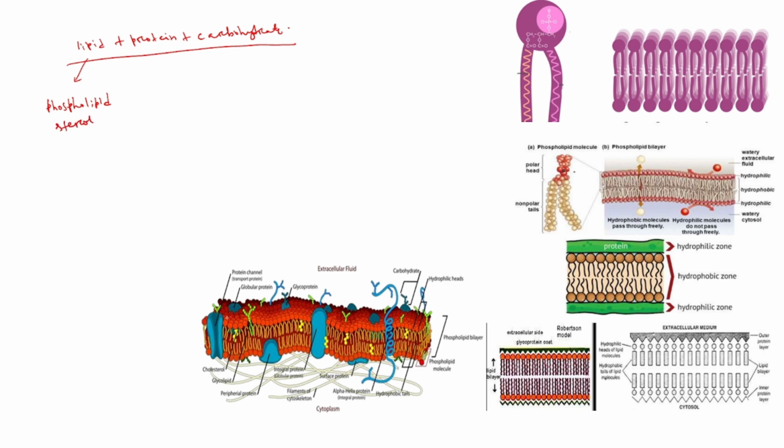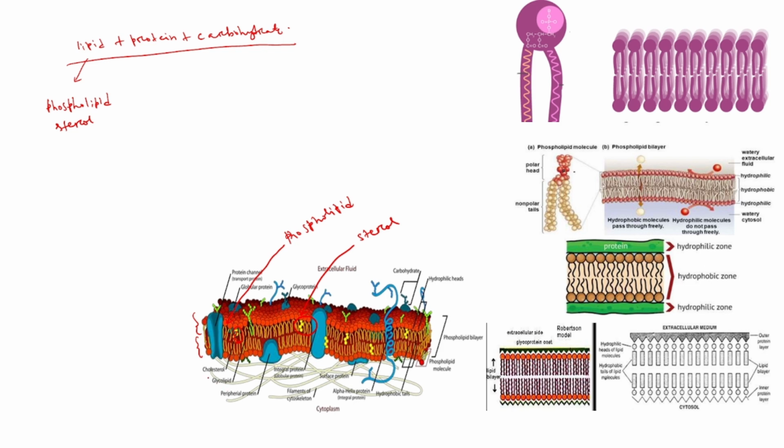So now look at the structure. This is one layer, one leaflet. This is another leaflet. This structure is called the lipid structure, and this orange colored structure is called the phospholipid. The yellow colored structure here is called the sterol.